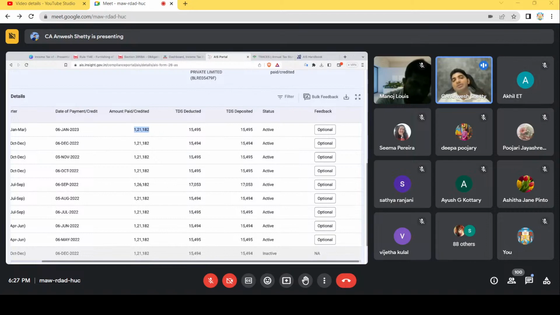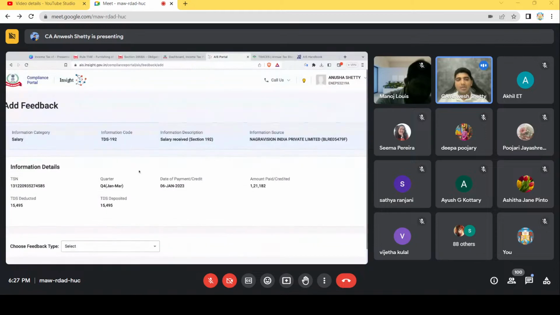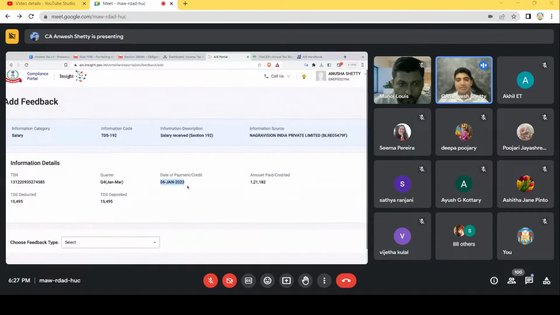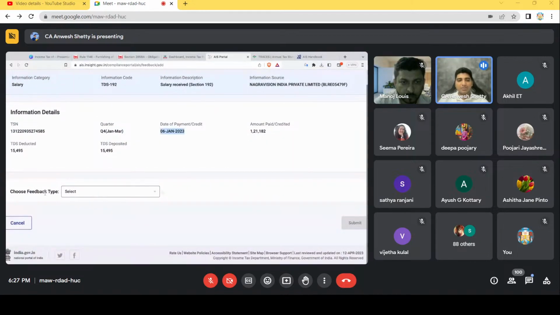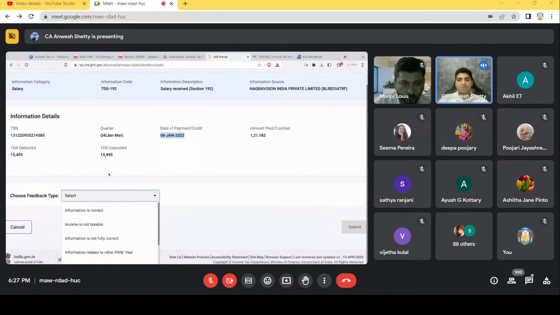I could have received a promotion and it could have become 1,50,000 rupees. At that time, I would come here and give feedback. I would click on this, and for the January month salary that I have received, I disagree with that. Now they will ask what is the reason for disagreeing. So I will choose the feedback type. I have these options.